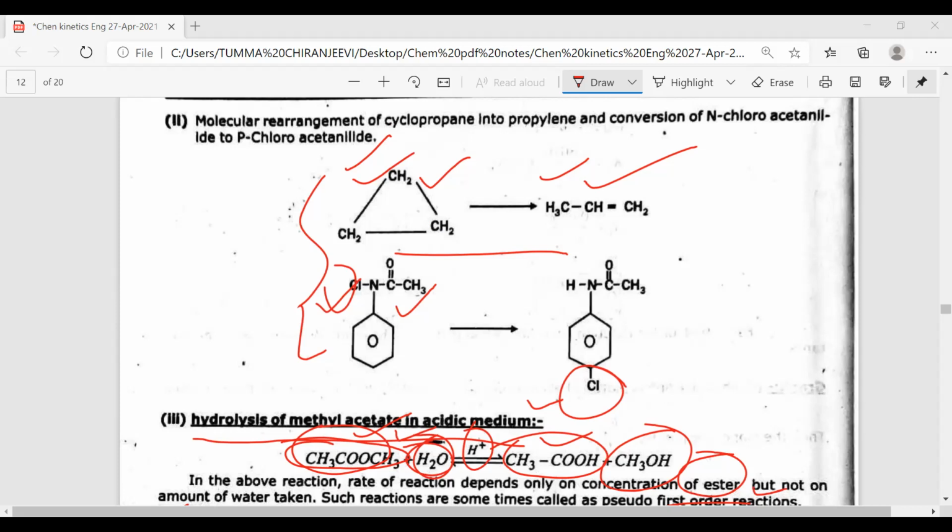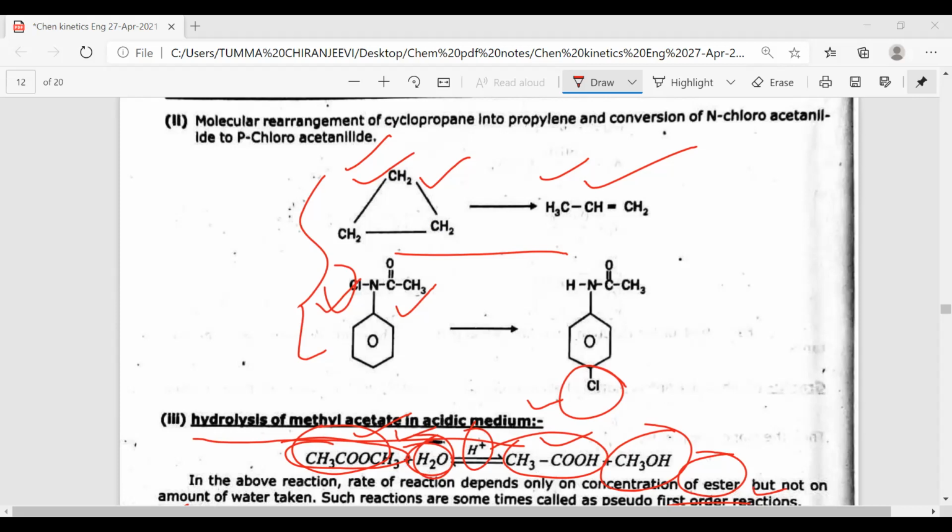A means the initial concentration, the titrate value at time 0, so a must be 42. Then a minus x means the values at different times.